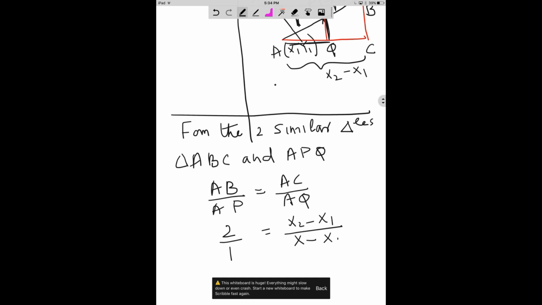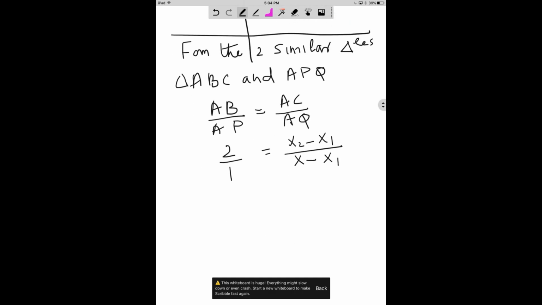When you cross multiply, 2 times (x minus x1) is 2x minus 2x1, equal to x2 minus x1, when you multiply 1 and (x2 minus x1) there is no change.